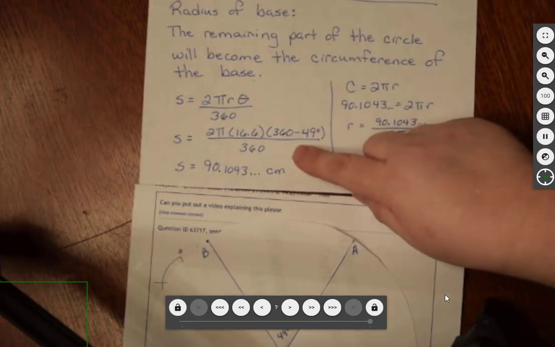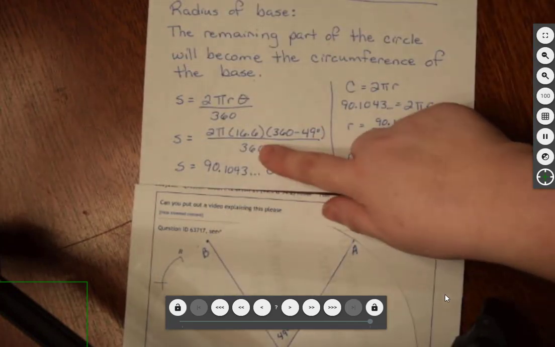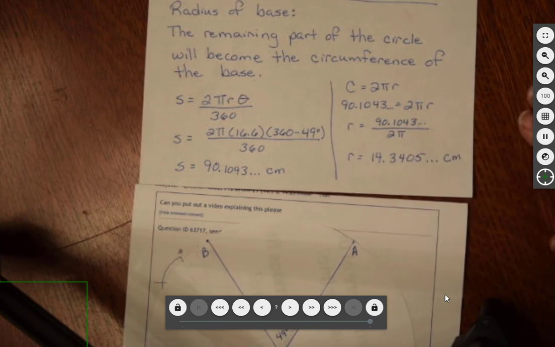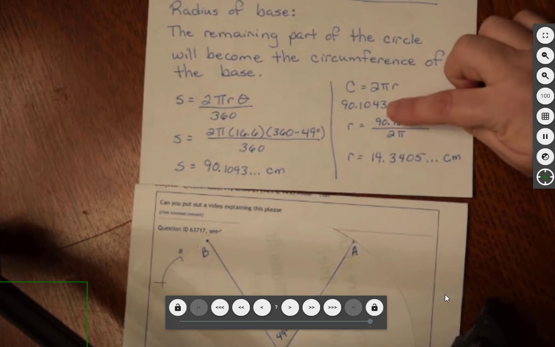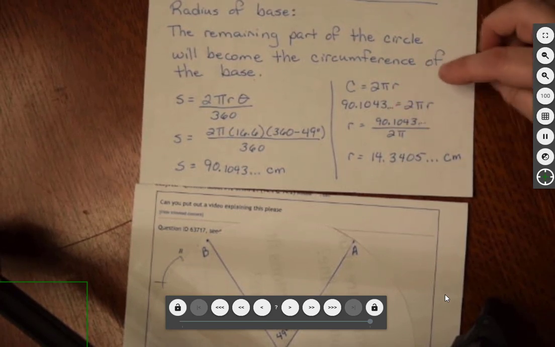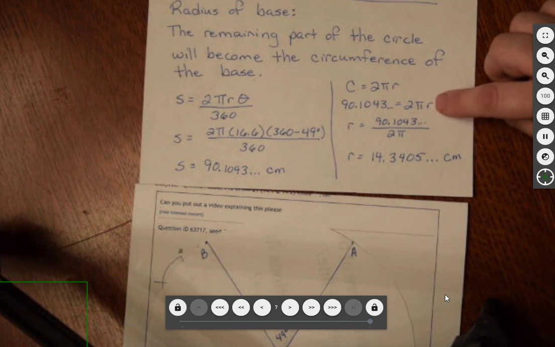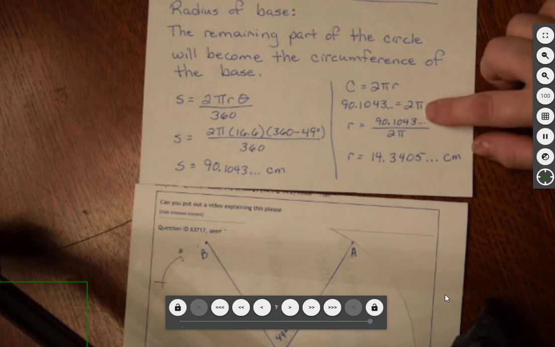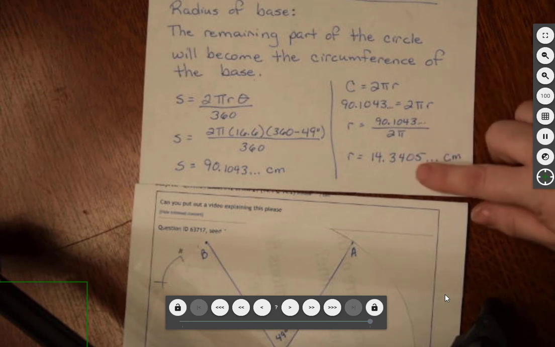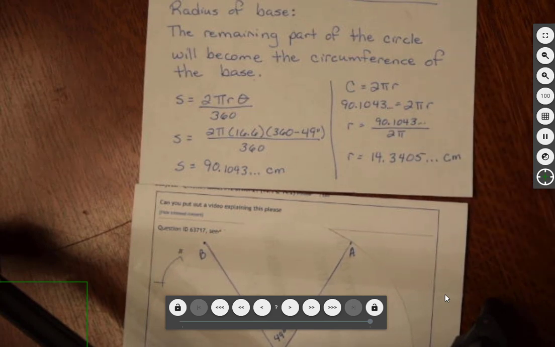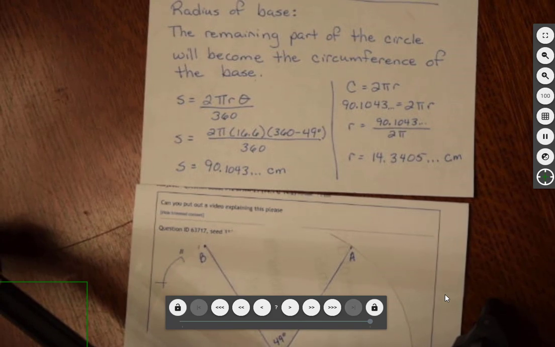And so 360 minus 49, I type that in and I get 90.1043 and so on centimeters. Okay, well that's the circumference of the base of the cone. And so I set that equal to 2 pi r, which is the formula for circumference. And it wants to know what r is. So divide both sides by 2 pi, and I get the radius is 14.3405 and so on centimeters.